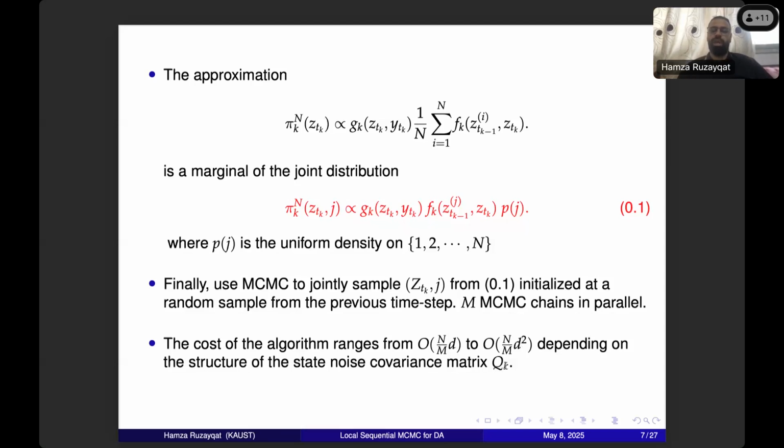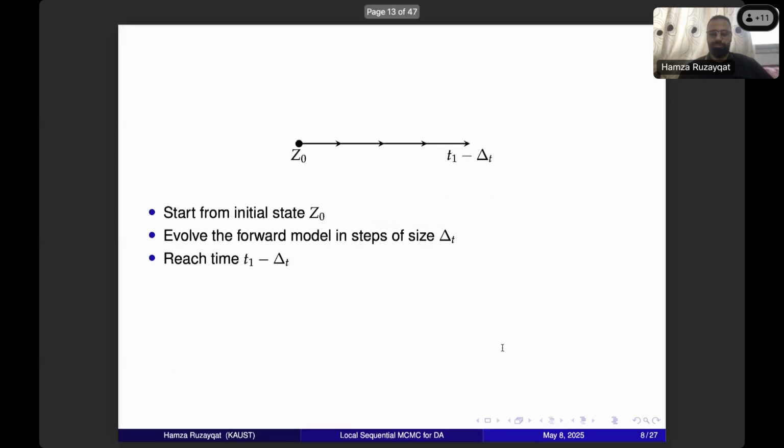So if Q_k inverse is nice, then it becomes a vector times a vector. But if Q_k inverse is dense, then the cost is d squared. But in real life applications, usually this covariance matrix is very simple, and we are in this region, so linear in n and linear in d.